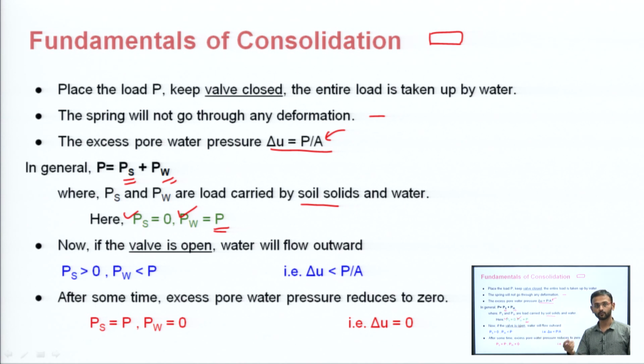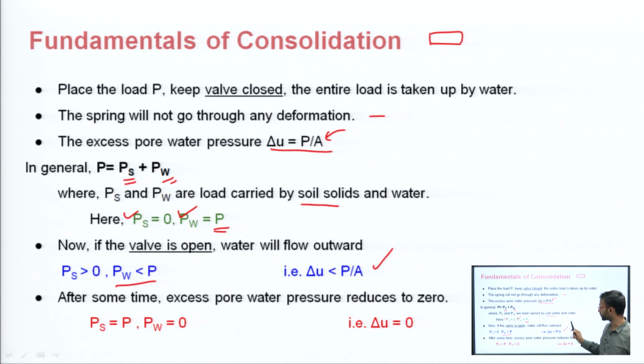But what happens when the valve is open in the third and the fourth stage? Water will be moving out. When the water moves out, the pore water pressure will be reducing, so PW is less than P, and PS is greater than 0. It tries to increase now, because the spring is taking up some load.